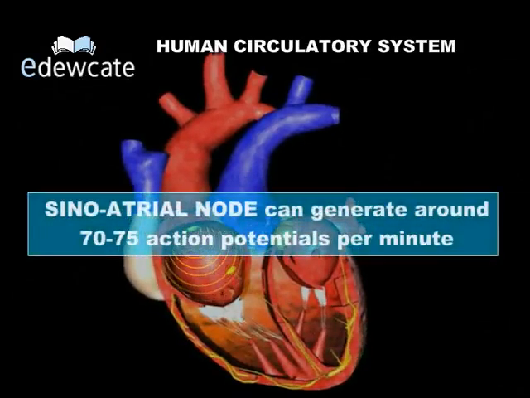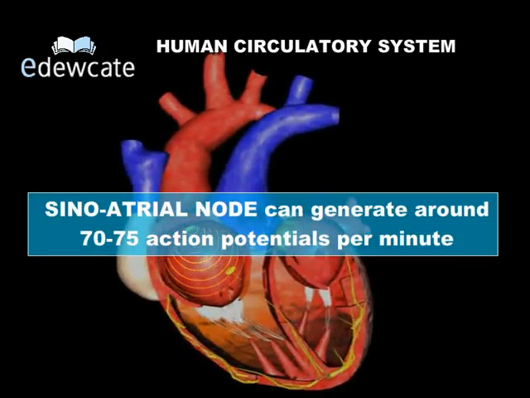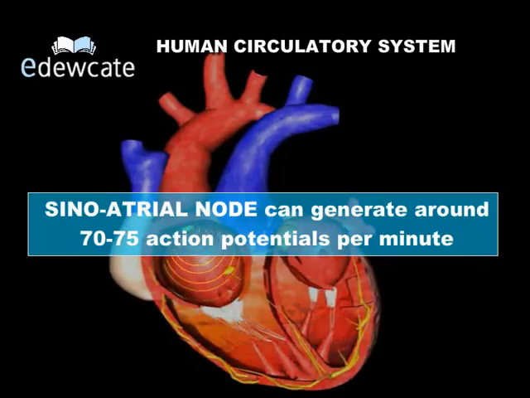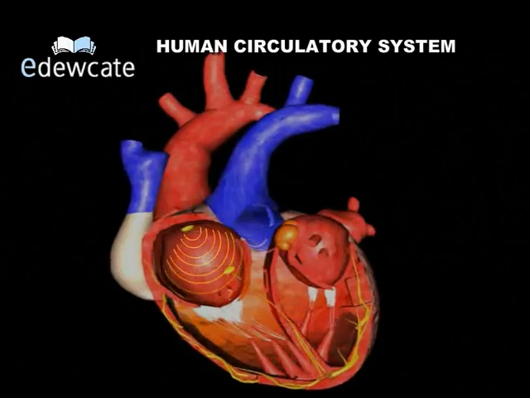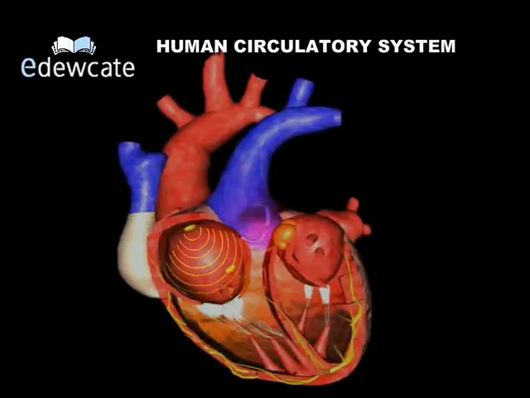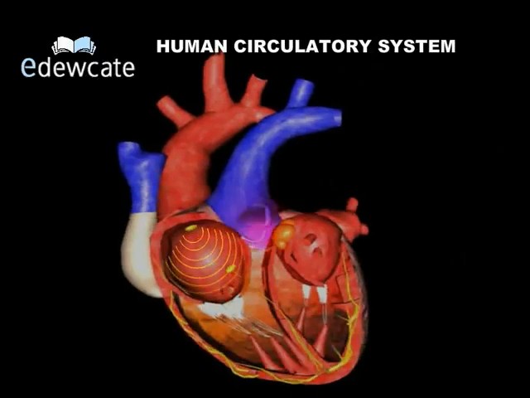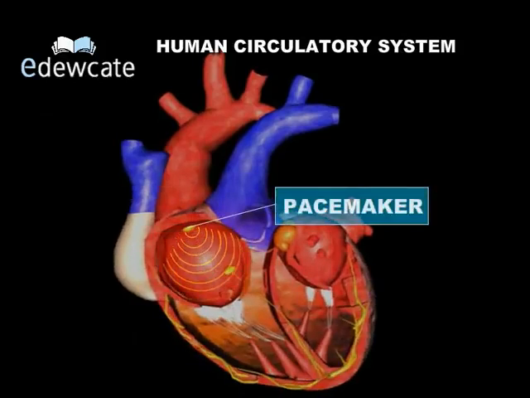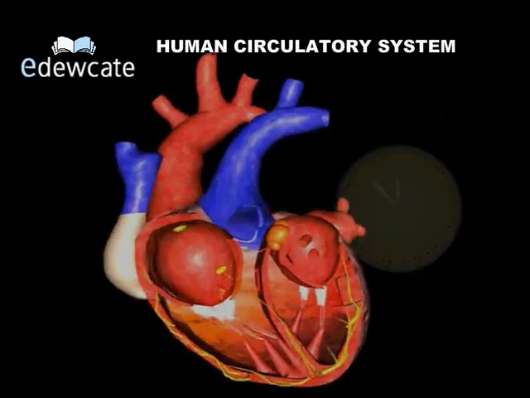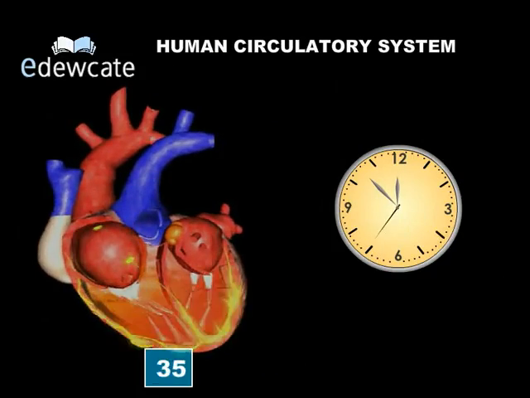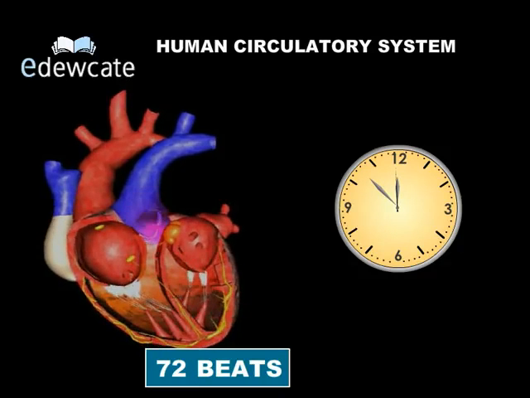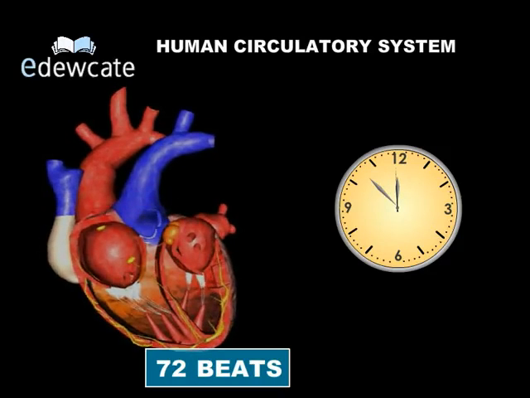The sinoatrial node can generate the maximum number of action potentials, which is around 70 to 75 per minute, and it is responsible for initiating and maintaining the rhythmic contractile activity of the heart. Therefore, it is called the pacemaker, and hence our heart normally beats around 70 to 75 times in a minute, averaging out to around 72 beats per minute.